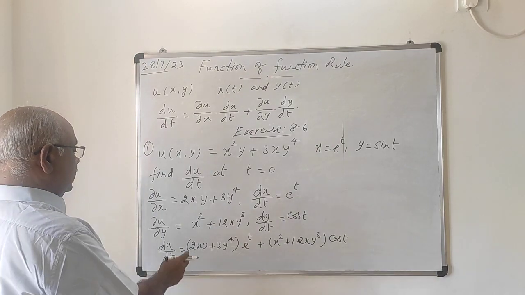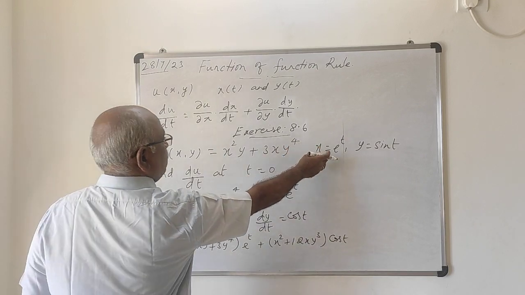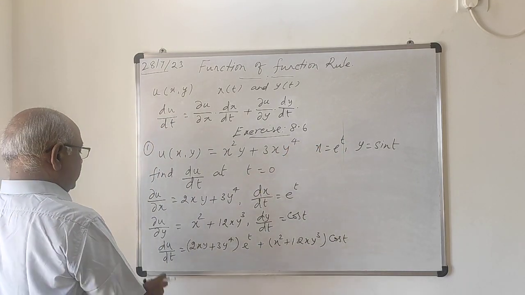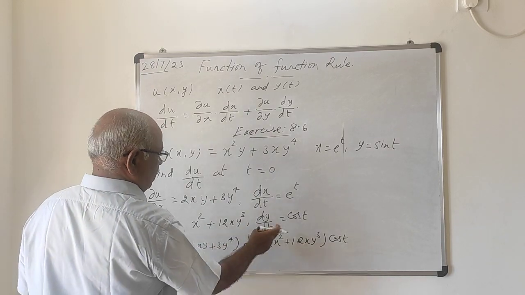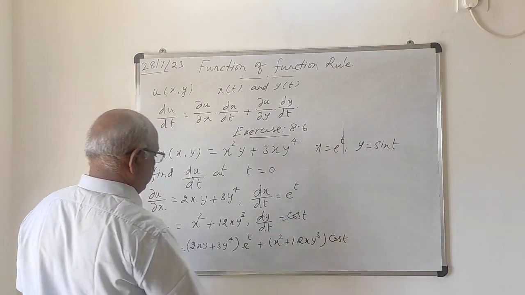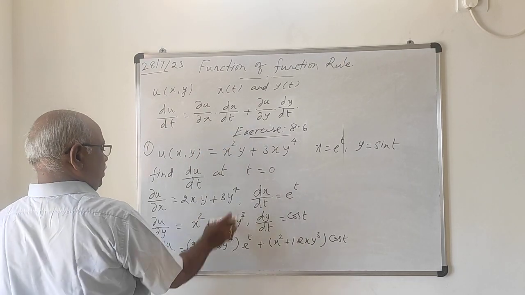Here you replace the x and y using e power t and sin t. This is du by dt, which is dou u by dou x into dx by dt plus dou u by dou y into dy by dt. This expression we have determined.